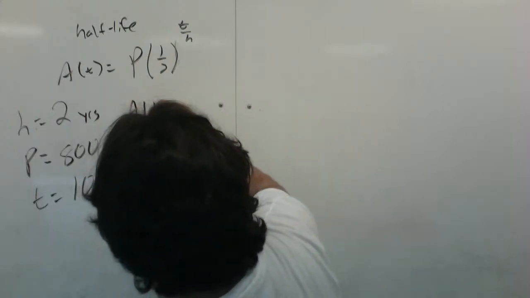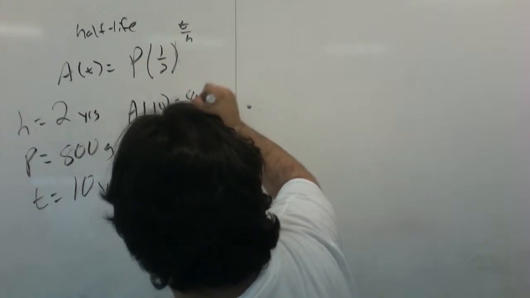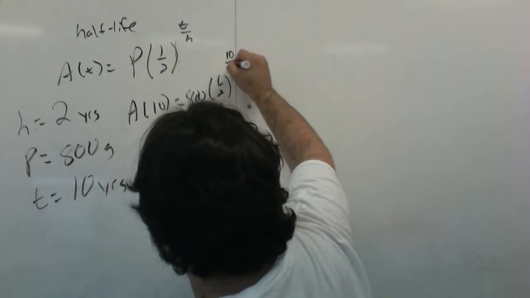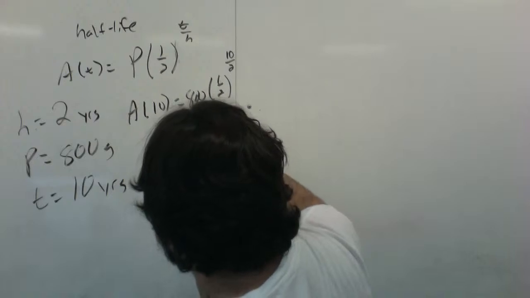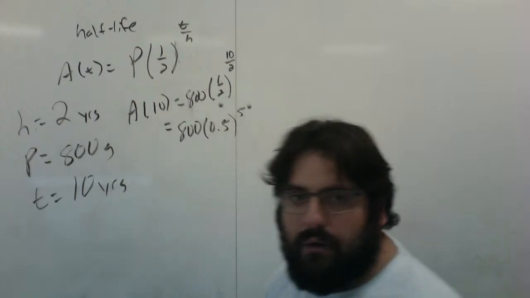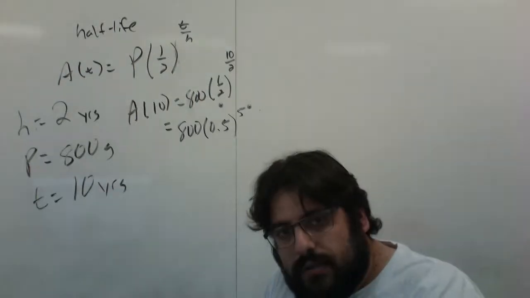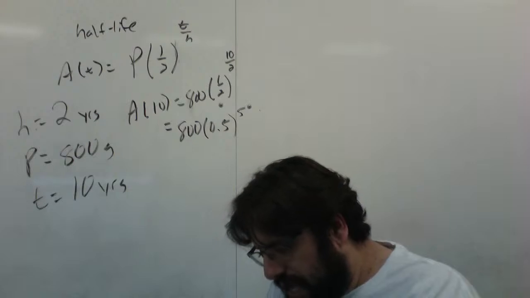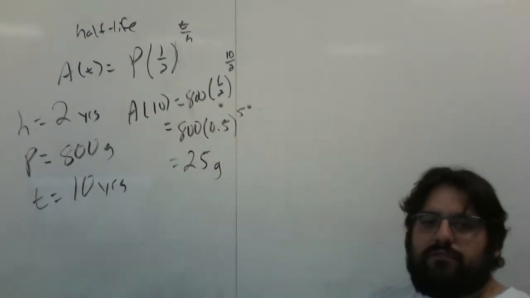So A of 10 is my P, which is 800, times 1/2 to the 10 divided by 2, which is 5. So that's 800, and I'm going to use a decimal here, you can use a decimal if you want to, times 0.5 to the 5th power. Let's figure out how much is left after 10 years. 800 times 0.5 to the 5th power: 25 grams left.